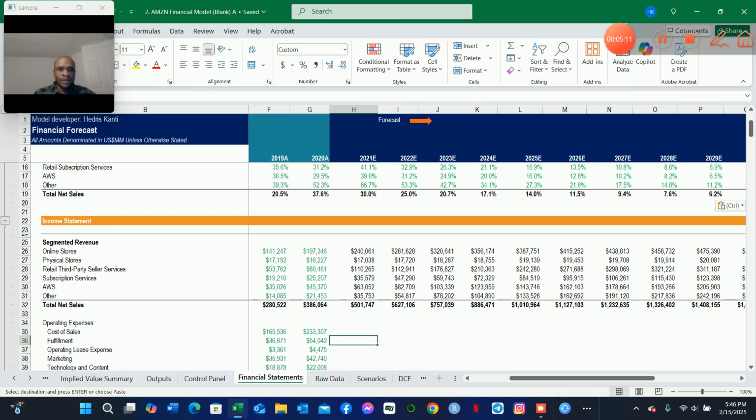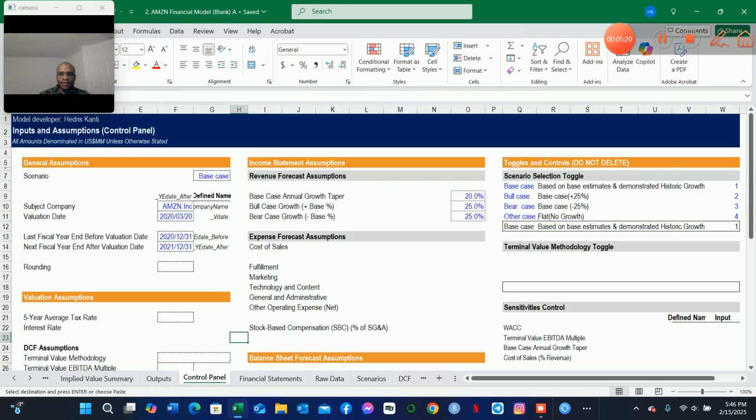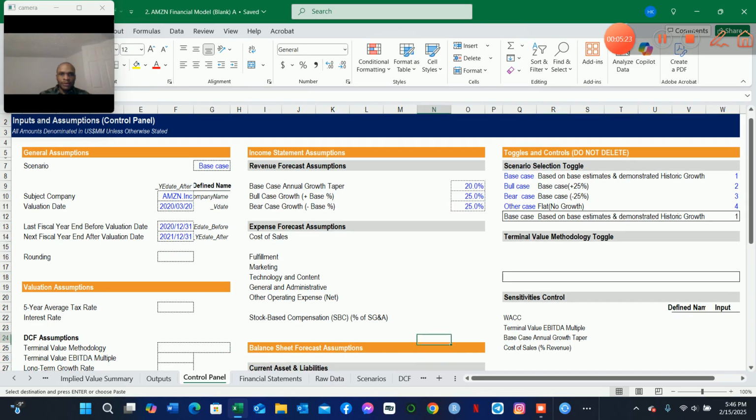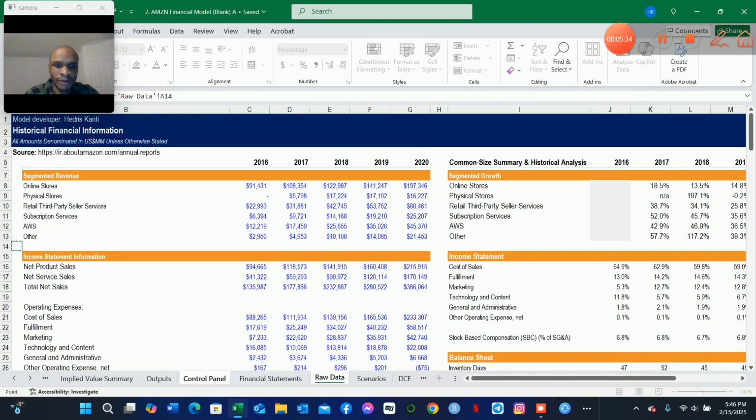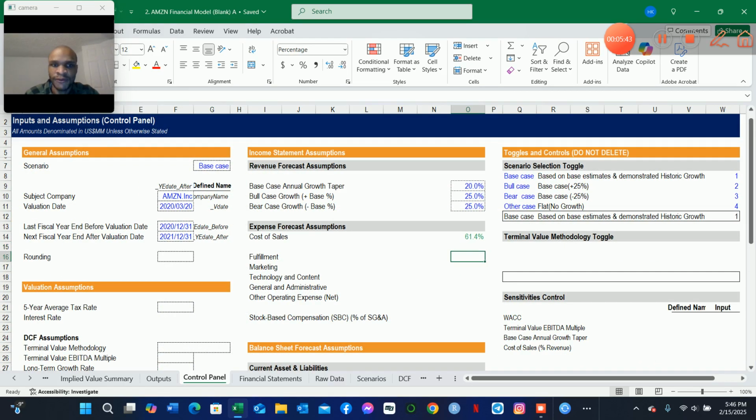So let us begin modeling the operating expenses. In order to do that, we will have to reference the expense forecast assumptions. So we have that already in our raw data section. For the cost of sales, recall that we already had the average determined, 61.4%, and therefore for fulfillment, marketing, technology, and content and all that, we can just copy this formula here.